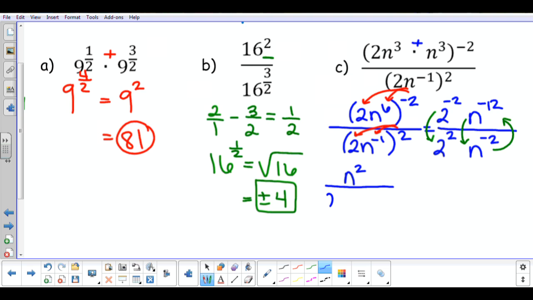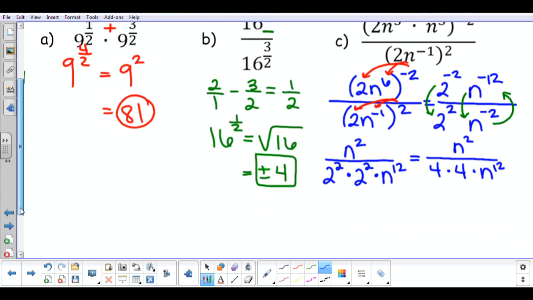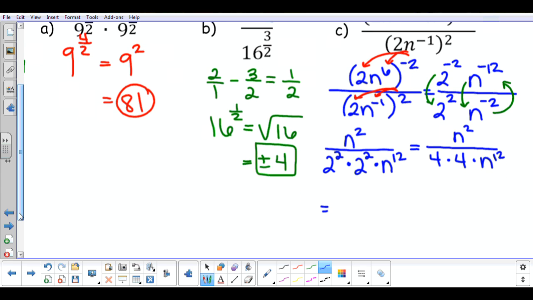I'm going to have the 2 squared that was already there. I'm going to add the 2 squared that we moved down along with the n to the 12th. We know 2 squared to be 4, so I have n squared over 4 times 4, n to the 12th. We know 4 times 4 to be 16.